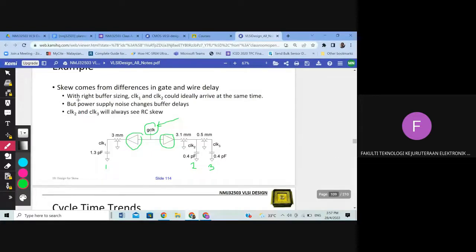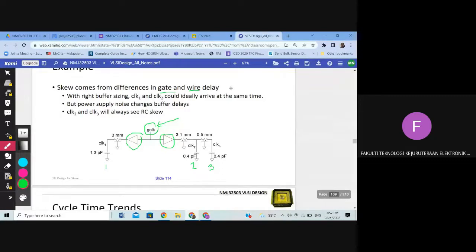Right? So skew comes from differences in gate and wire delay. For example, this inverter gate also has delay, and the same as wire, we also have delay. To know the detail about this, you can go back to your Lab 1 report on the Synopsys Design Compiler.